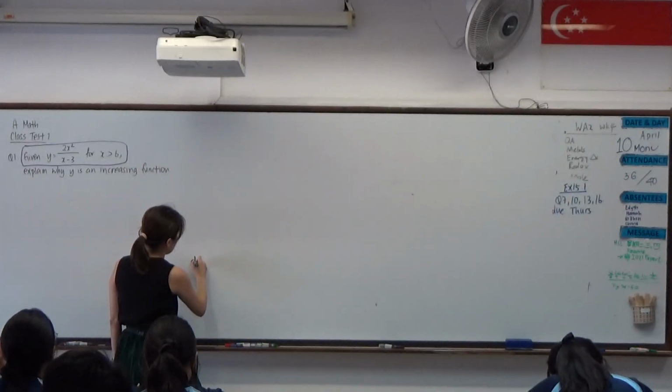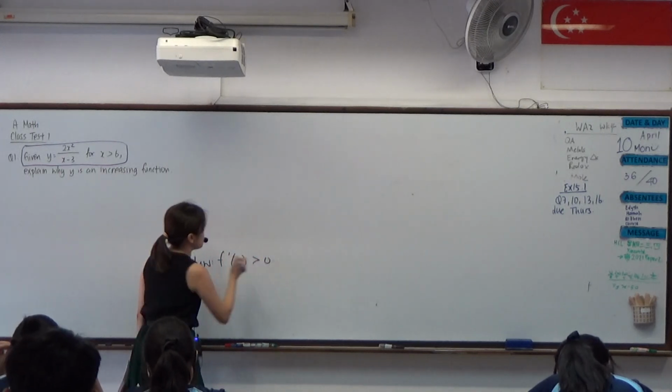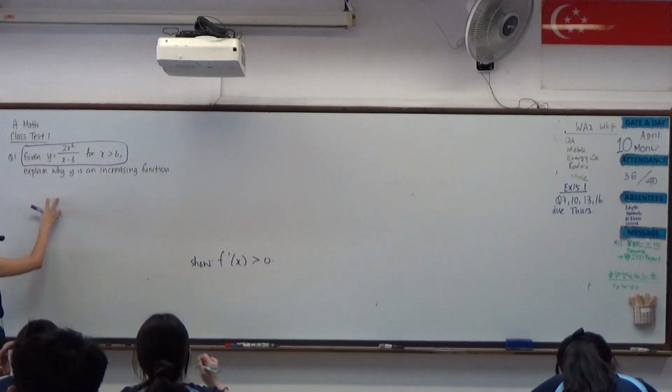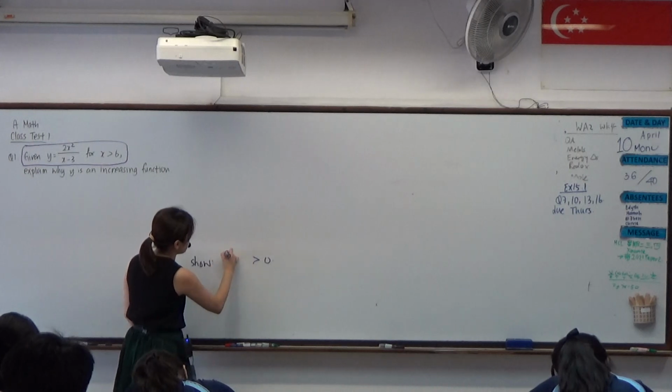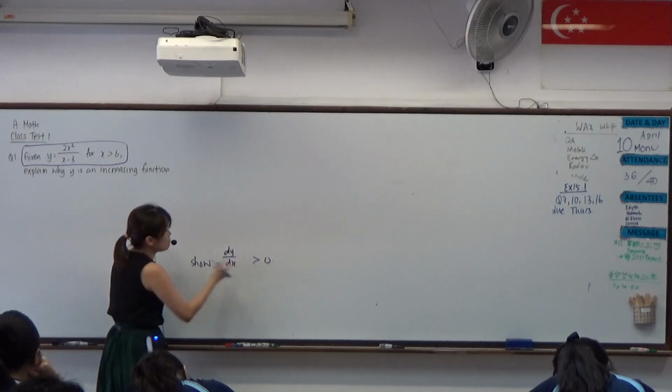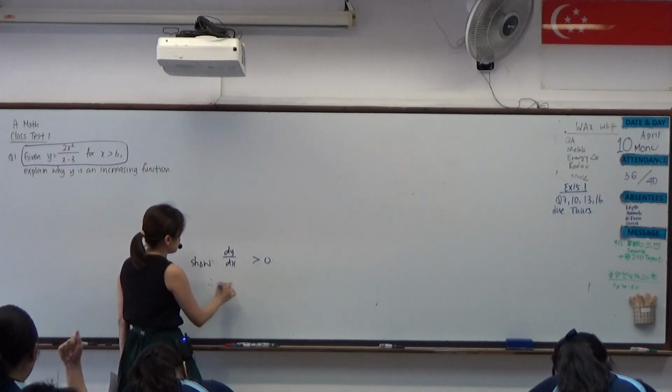That means that you need to show eventually that your dy over dx is going to be more than 0, and therefore we conclude that it is an increasing function.